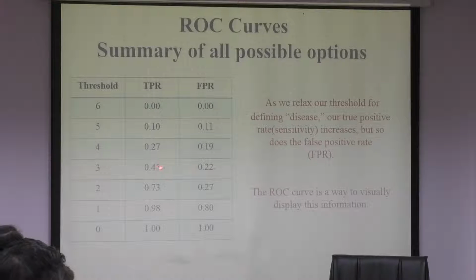Here I have 45% sensitivity and 80% specificity. You see why I'm saying 80? Because it's 20. Or I can be 73% sensitive and around 70% specific. So definitely this is better than that. Here I have 98% sensitive but 20% specific, and so on.